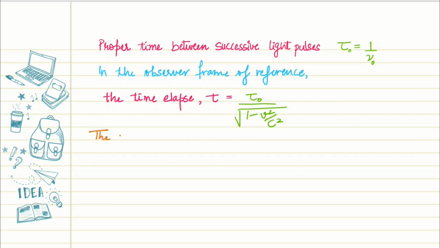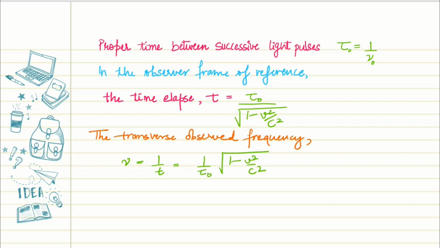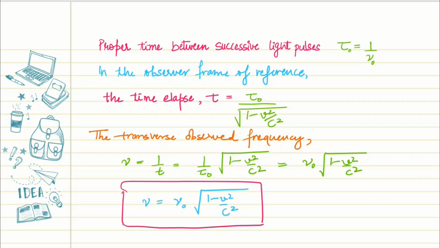So the transverse observed frequency can be written as 1 over t, which is equal to 1 over tau naught times the square root of 1 minus v square by c square. So that would be mu naught times the square root of 1 minus v square by c square. So this is an expression for the observed frequency in the transverse Doppler effect.